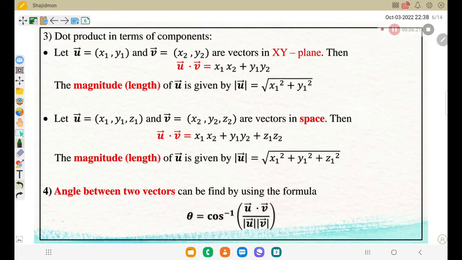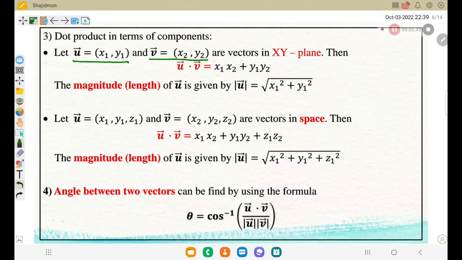How can we calculate the dot product of two vectors in the plane and the dot product of two vectors in the space? For example, u is a vector (x1, y1), v is a vector (x2, y2). Then u dot v, the dot product of these two vectors, means x1 multiplied by x2, x numbers multiplied, plus y numbers multiplied, y1 multiplied by y2.